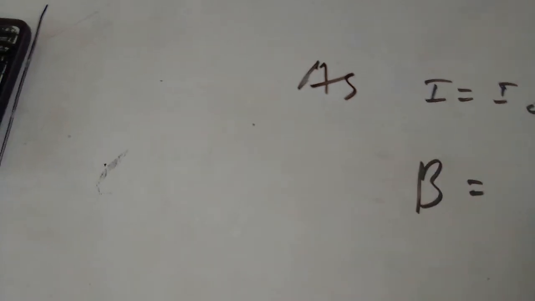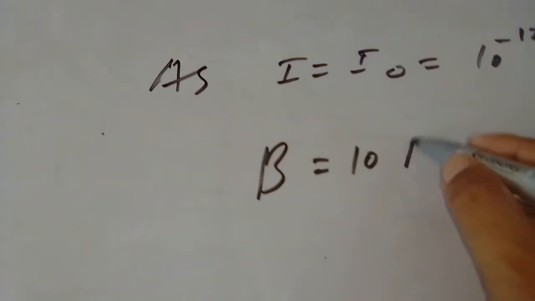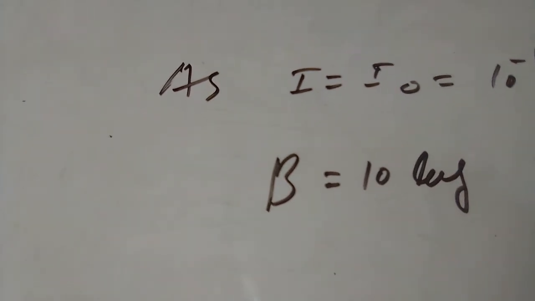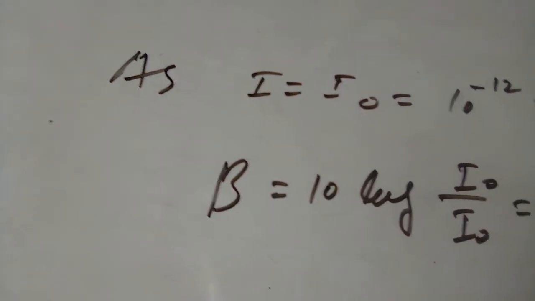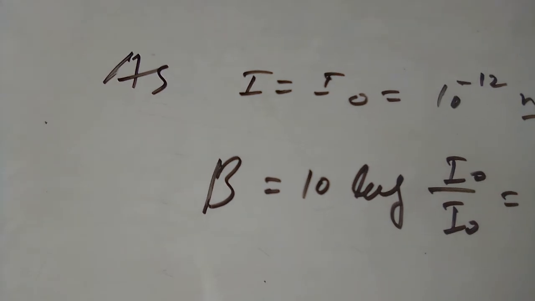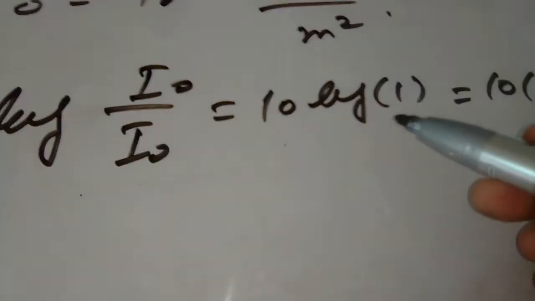Therefore, intensity level beta is equal to 10 log of I naught divided by I naught, which is 10 log of 1. 10 log of 1 is equal to 10 into 0, because log of 1 is equal to 0.